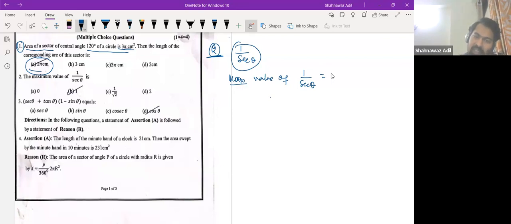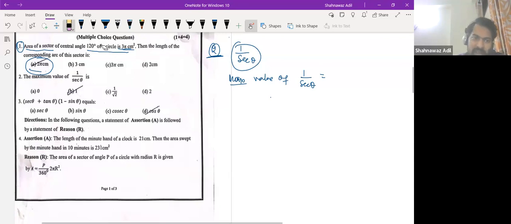Why should it be 1? What is your argument? Yes, why can't it be 2? Because it's not mentioned in the numerator. Not mentioned in the numerator? Yeah, it's not mentioned.